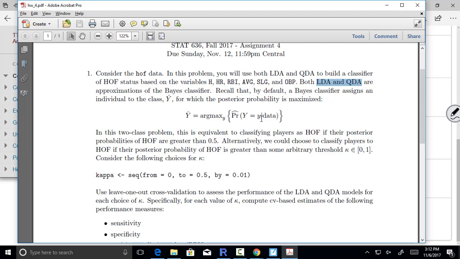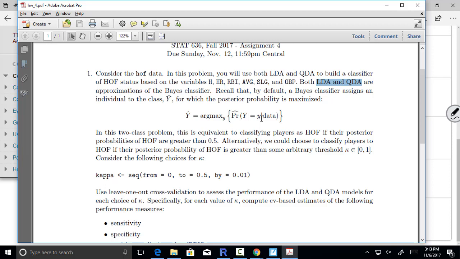In particular, it has the lowest misclassification rate of all comparable classifiers. What that means is, if you want a good classifier, you'll do well to try to mimic the Bayes classifier. And that's what LDA and QDA do.